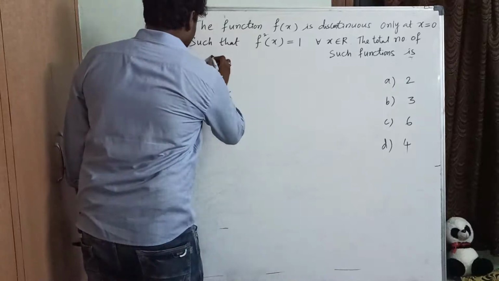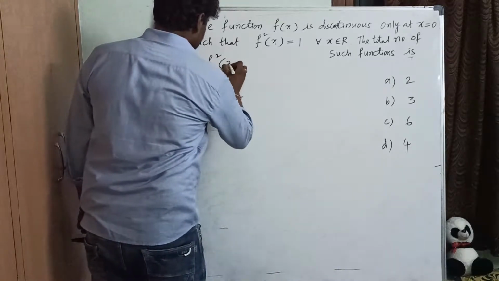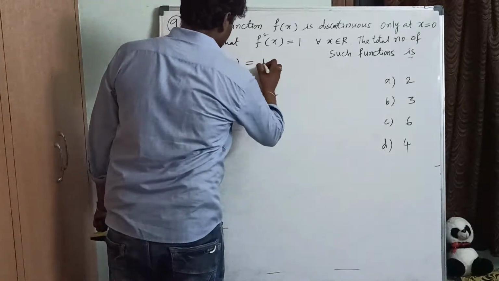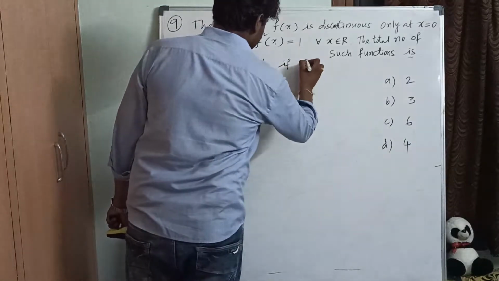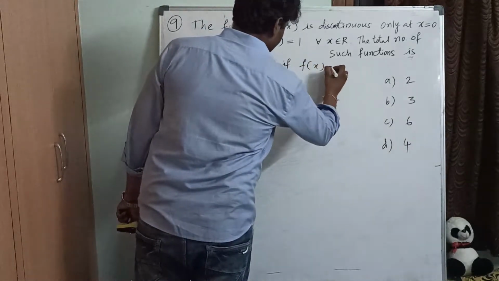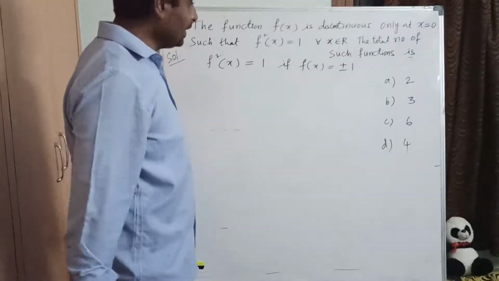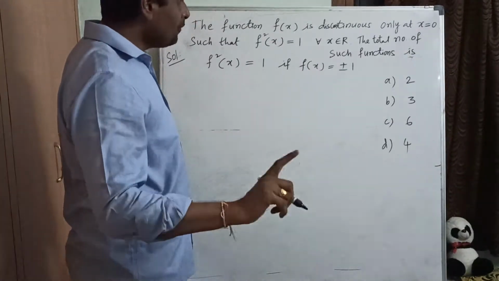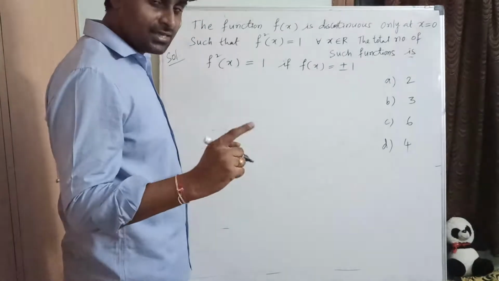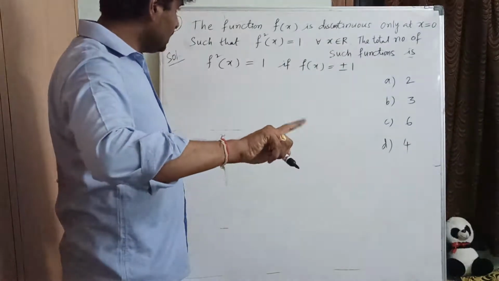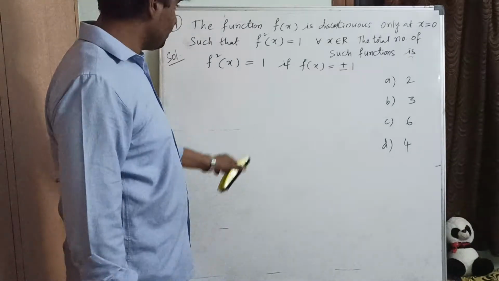See, the function square is 1 only when f of x is plus or minus 1. Let me write different functions where the function is discontinuous at x equals 0 and its square is 1.